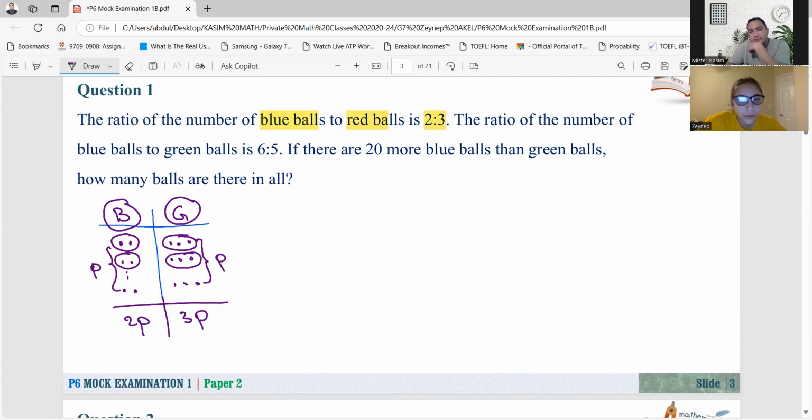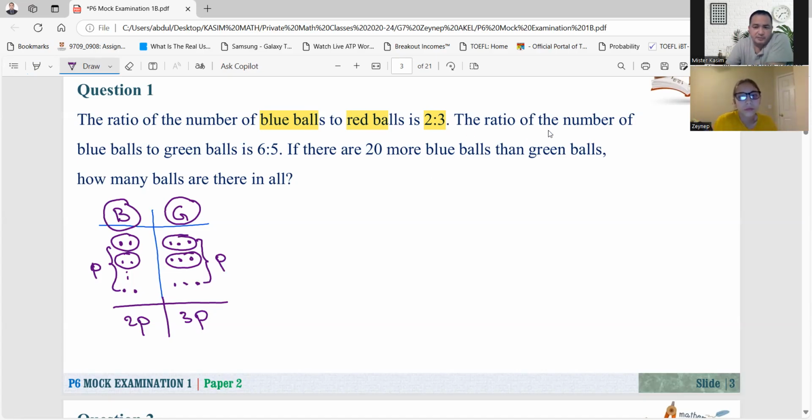For 9 green balls, 6 means that 2, 2, 2, right? So green means that 3, 3, 3. It is 9. So 9. And if there's 20 more blue balls than green balls, how many balls are there in all?